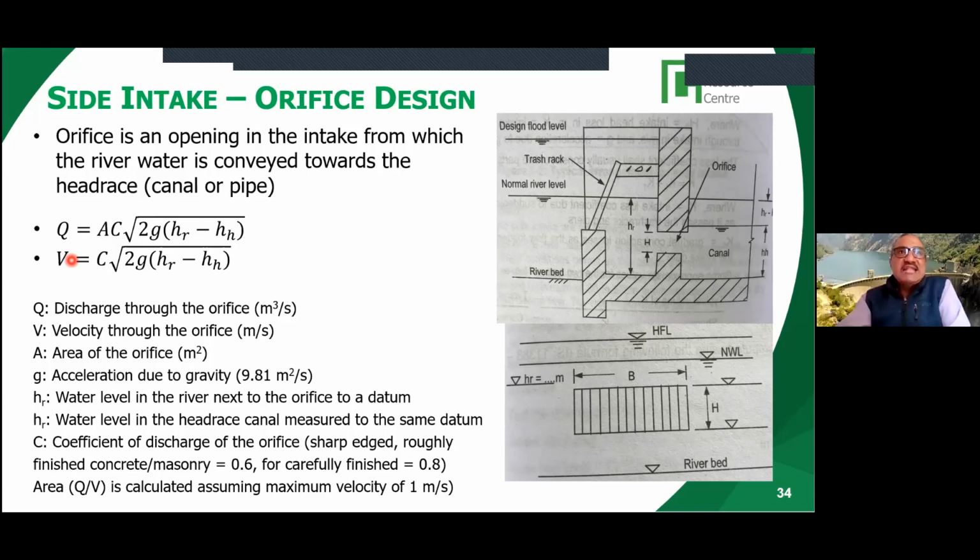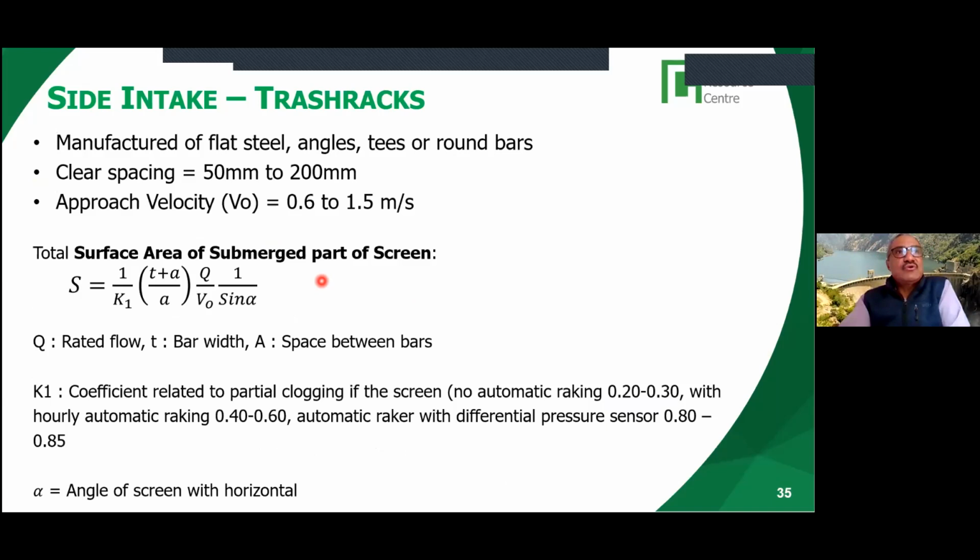So if you design the intake for 5 cubic meter per second, then you can find the size of this intake orifice. This is the formula used to design the intake orifice.